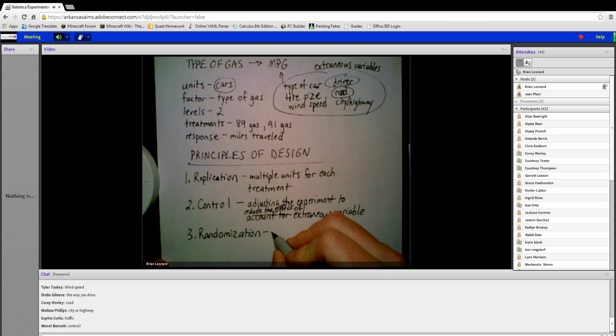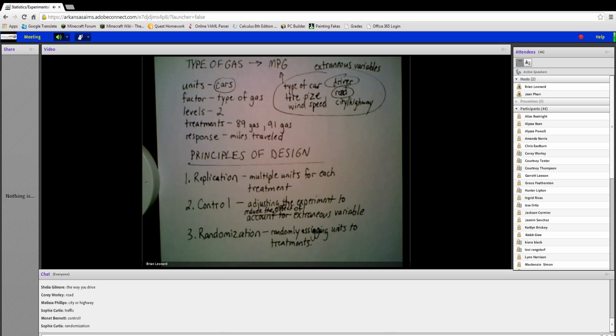And in randomization, we are randomly assigning units to treatments. That's randomization, right? Randomly assigning a unit to a treatment.